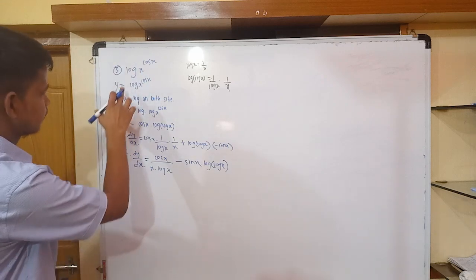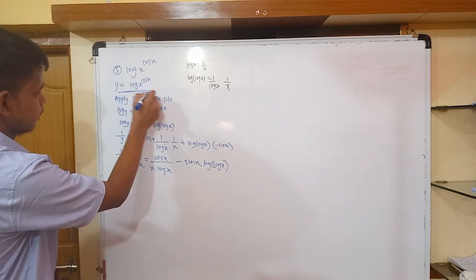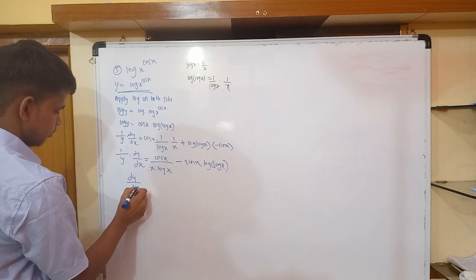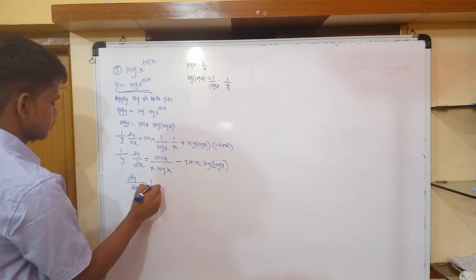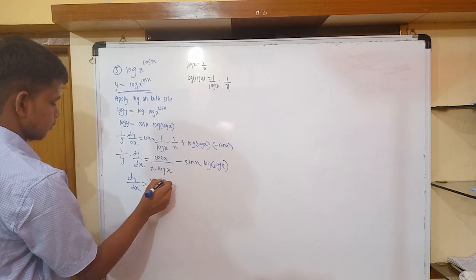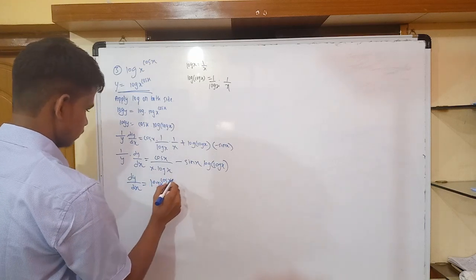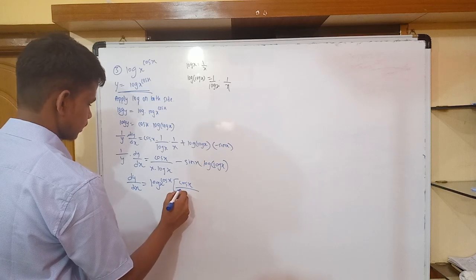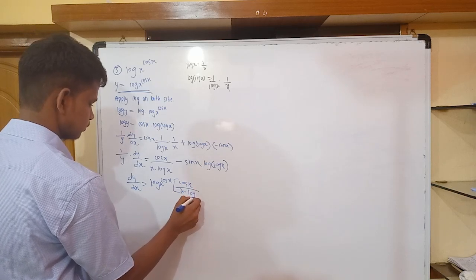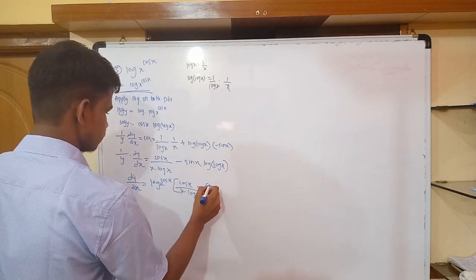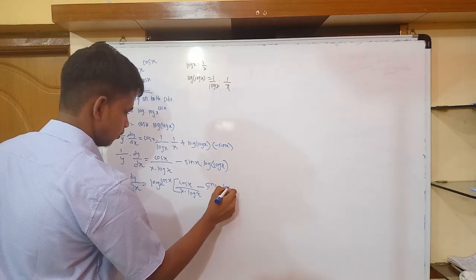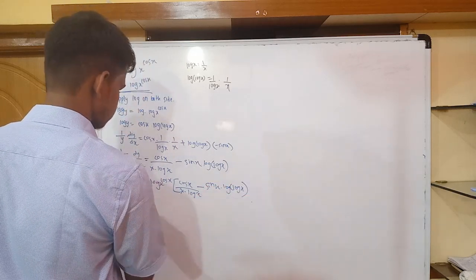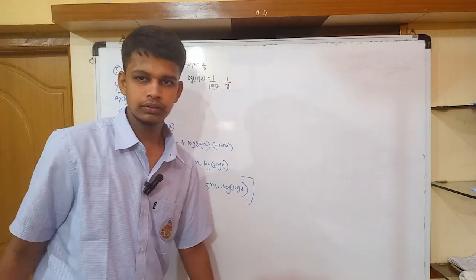You know what y is: y is log x raised to cos x. So dy by dx equals log x raised to cos x into the bracket cos x by x into log x minus sin x into log of log x. Okay, this is the answer for this question.